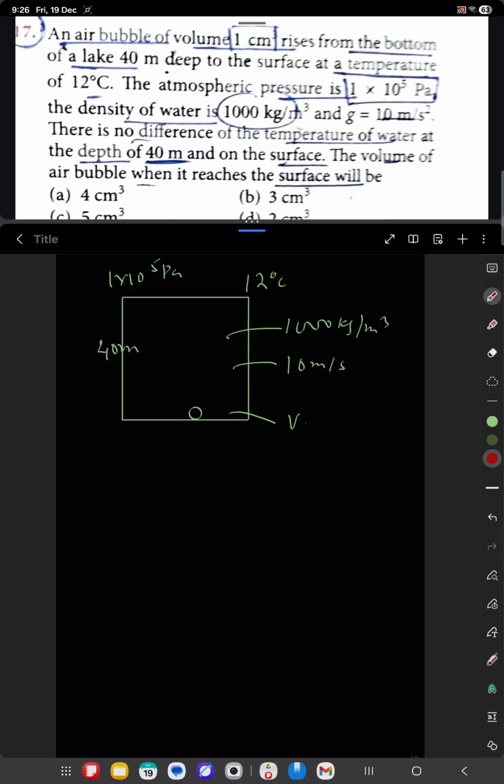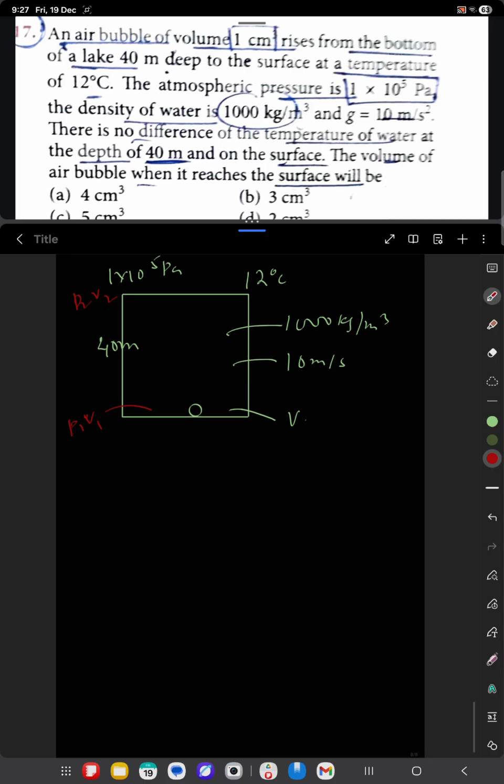In this type of question, you just need to apply the isothermal condition. Here P1 V1 should be equal to P2 V2 because the temperature remains the same. So at depth, you know the value of volume, 1 centimeter cube here. So just need to know the value of P. P is equal to atmospheric plus rho G H. So P is 5 into 10 to the 5, V1 is 4 by 3 pi into 1 cube.